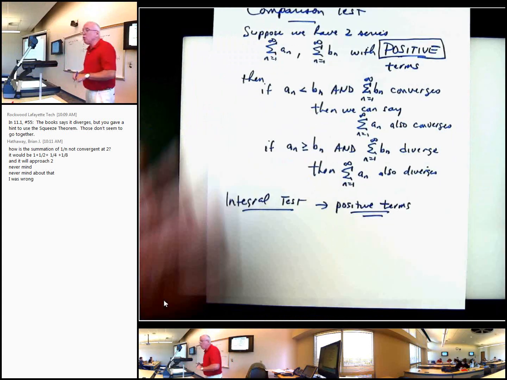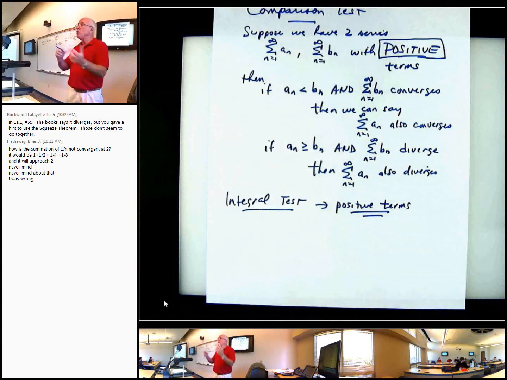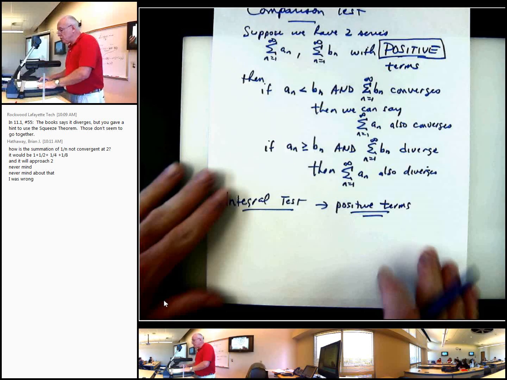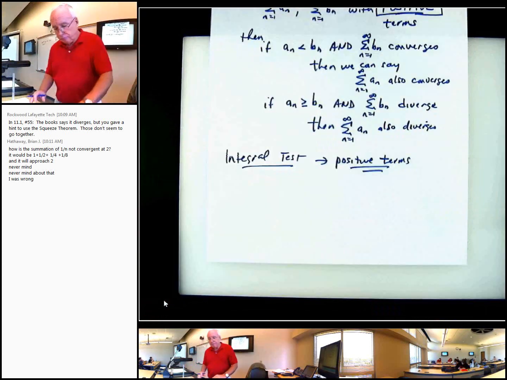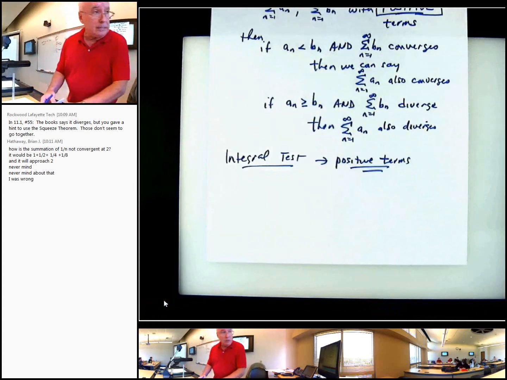We're going to come across something that works with alternating positive and negative terms in the next section. But I do want to point out that these are strictly for positive terms. Okay. So let's look at some examples of how this works.